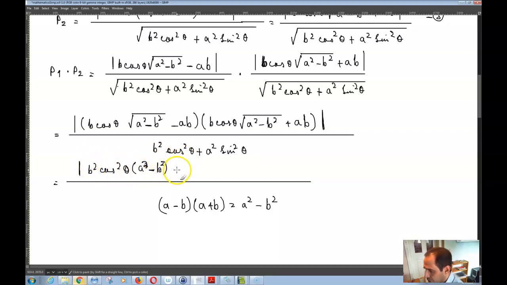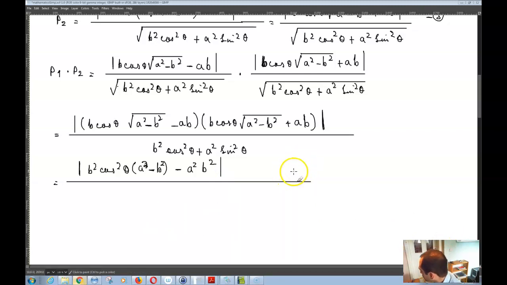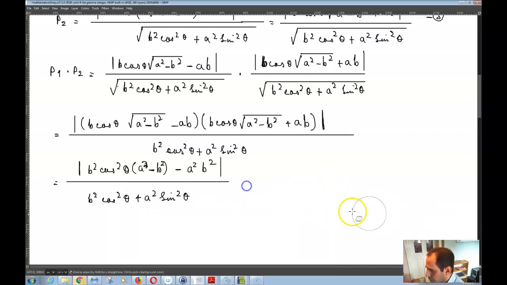So a squared minus b squared minus a squared b squared, and you want to divide that by b squared cos squared theta plus a squared sine squared theta. And what that is, so you have b squared cos squared theta times a squared minus b squared minus a squared b squared.